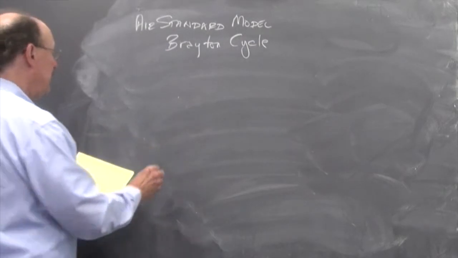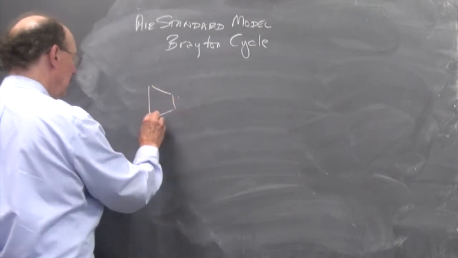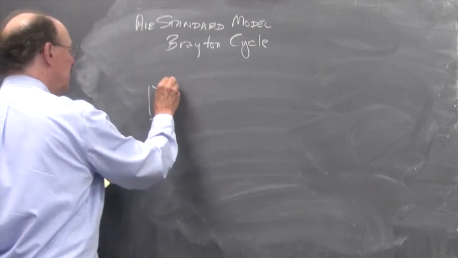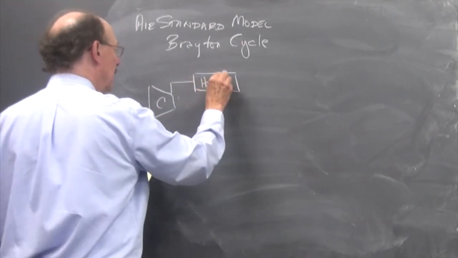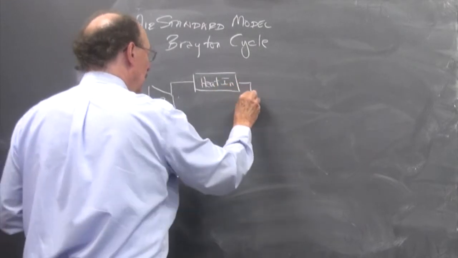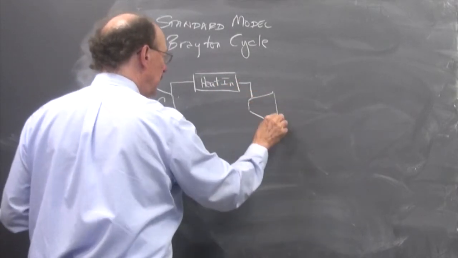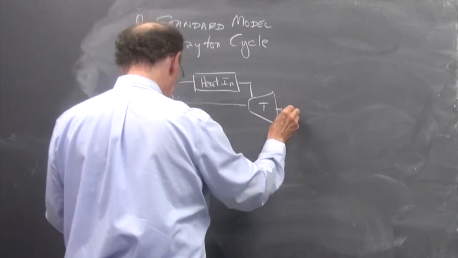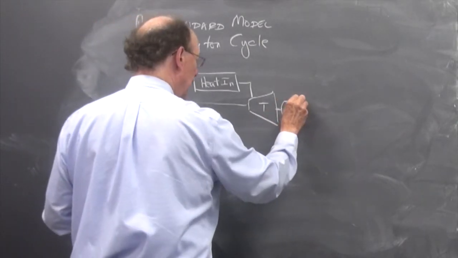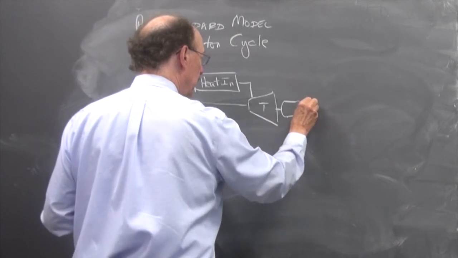So now let's look at that, and we'll have our compressor. Goes out. Now I'm going to have a heat exchanger, so I'm going to have heat in. Have a turbine. Still going to drive that, and I'll have the net work coming out of here.